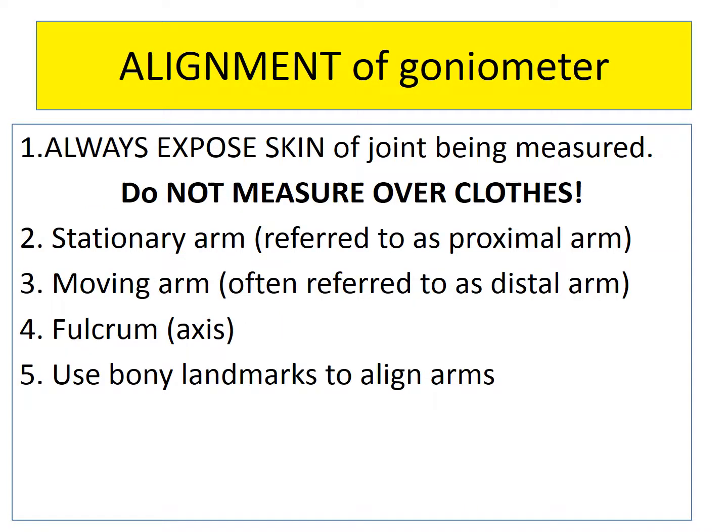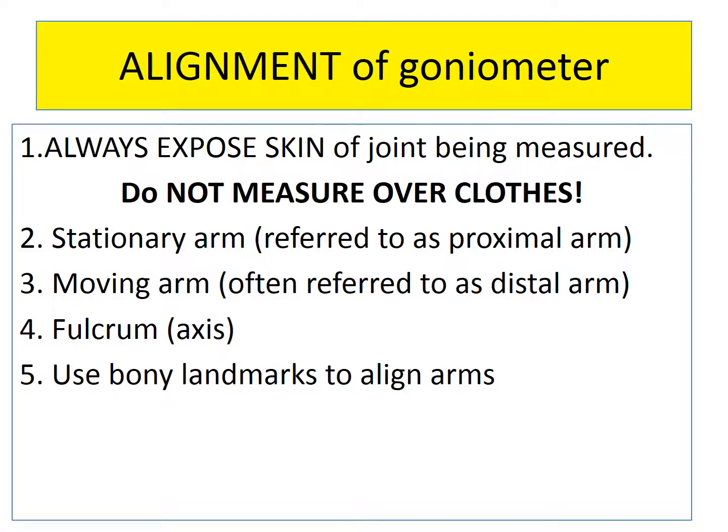When you are measuring range of motion and aligning your goniometer appropriately, you want to make sure that you expose the skin and actually measure the joint. Do not measure range of motion over clothes, especially clothes that are bulky, that you aren't able to get an accurate assessment. You will align the fulcrum or the axis.